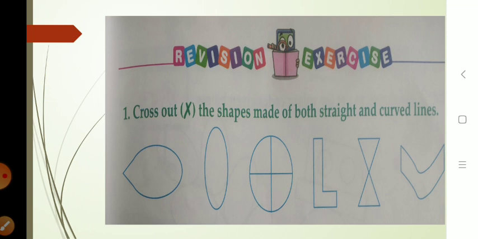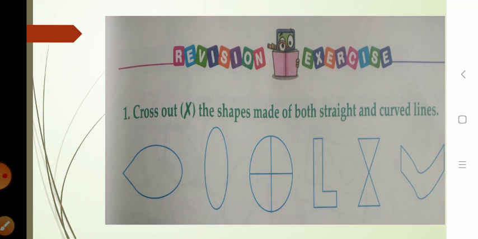Now you have to find out the shapes that are made with both straight and curved lines and cross them out. But if the shape is made only with curved lines or only with straight lines, you have to leave it as it is. So see the first shape.